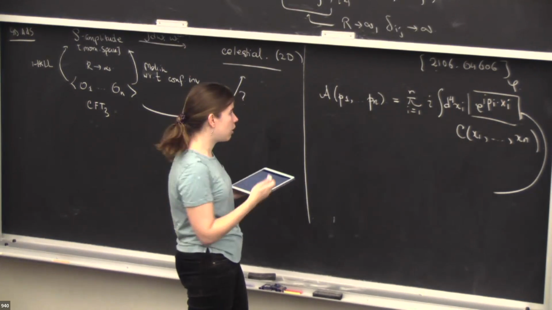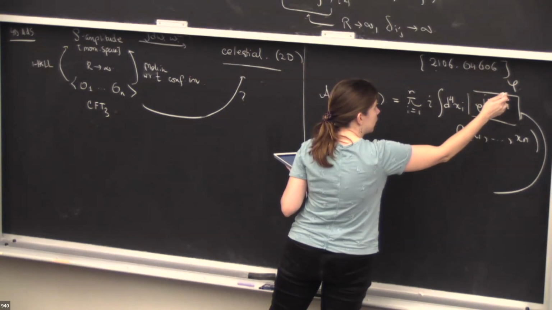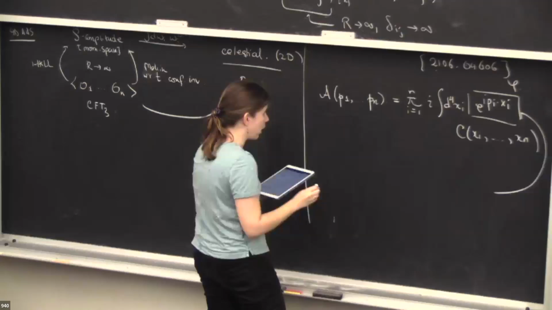And one can start off instead by taking these asymptotic wave functions to be conformal, so-called conformal primary wave functions.